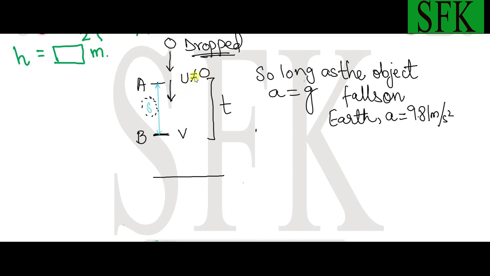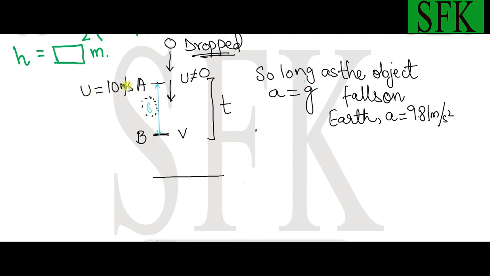This is an important point to note because the ball has already gained some speed moving this upward distance above A. As the ball reaches A, its velocity, whatever it is, let's say it's given to be 10 meters per second, we are going to take that to be the initial velocity.